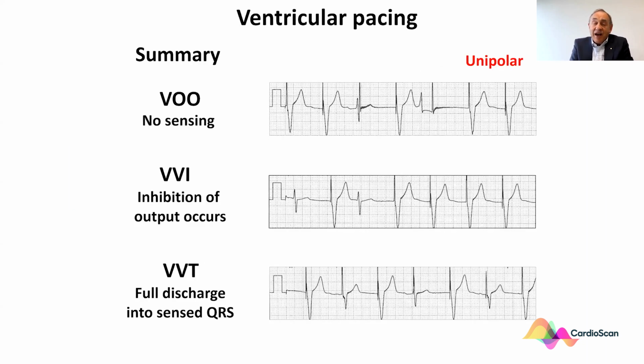Let us now have a look at a summary of those 3 types of ventricular pacing. It is unipolar pacing, and on the top row, we can see VOO, no sensing at all. There is asynchronous pacing, meaning that there is a stimulus artifact going through the ECG at the same rate, irrespective of the underlying rhythm.